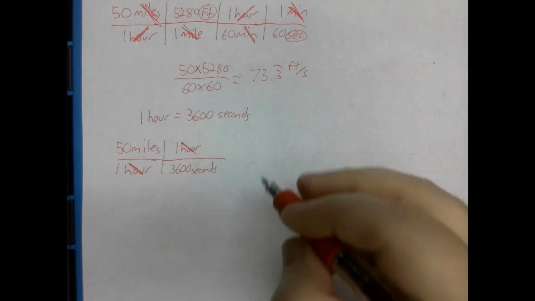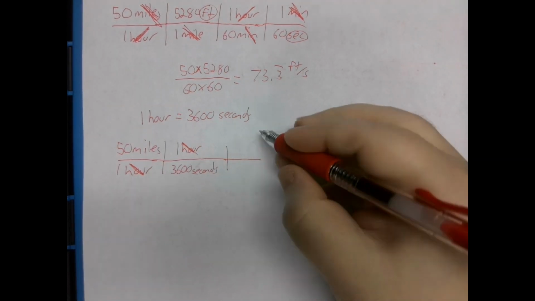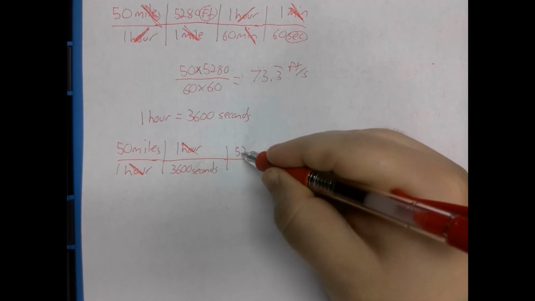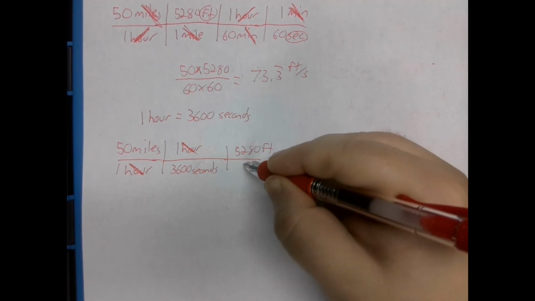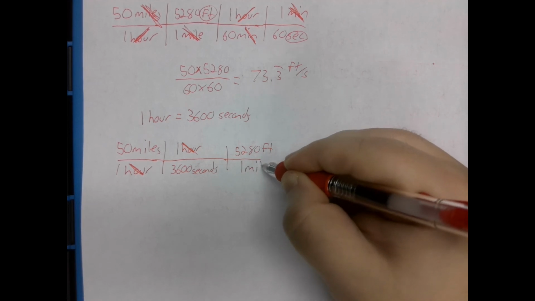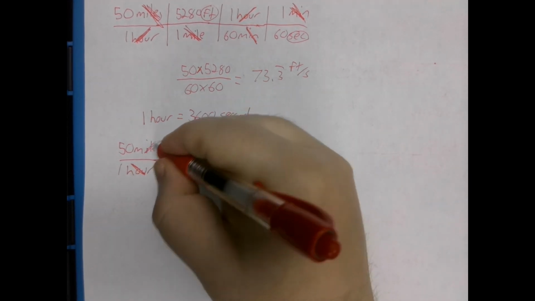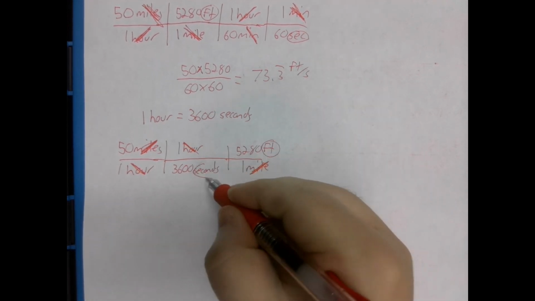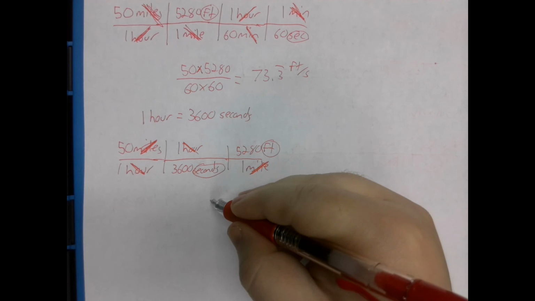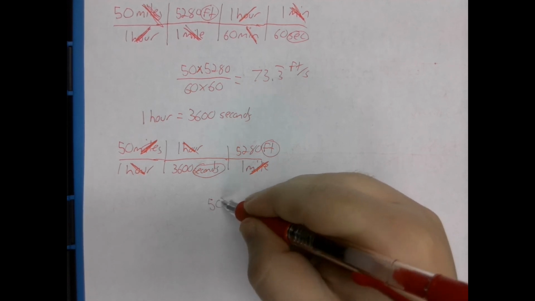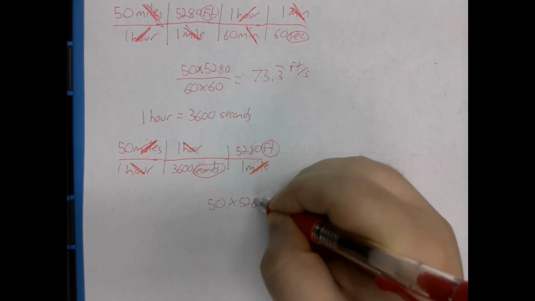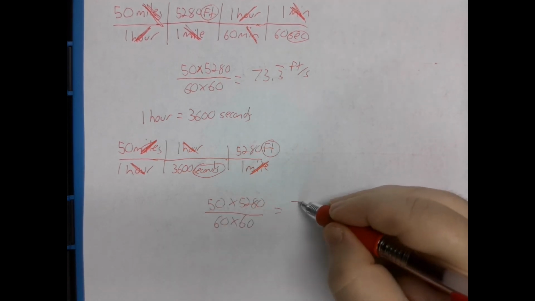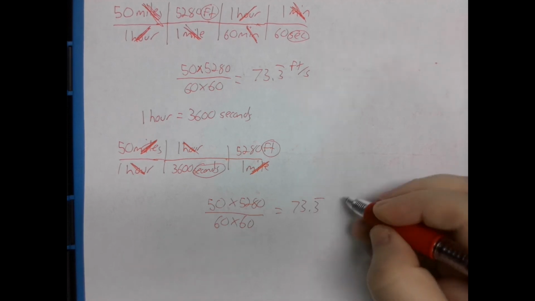We're now in miles per second. Now we can add a conversion factor of 5,280 feet divided by 1 mile. The miles cancel each other out, giving us feet per second. And this gives us the same thing: 50 times 5,280 divided by 60 times 60, and that gives you the same thing, 73.3 repeating.